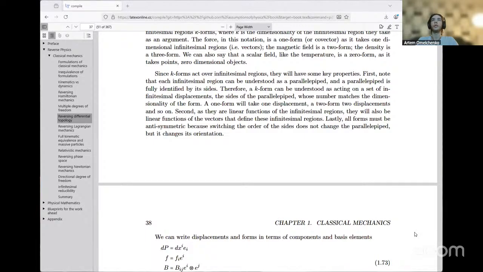One-form will take one displacement, two-form two displacements, and so on. Second, as they are linear functions on the infinitesimal regions, they will also be linear functions of the vectors that define these infinitesimal regions. Lastly, all forms must be antisymmetric because switching the order of the sides does not change the parallelepiped, but it changes its orientation.